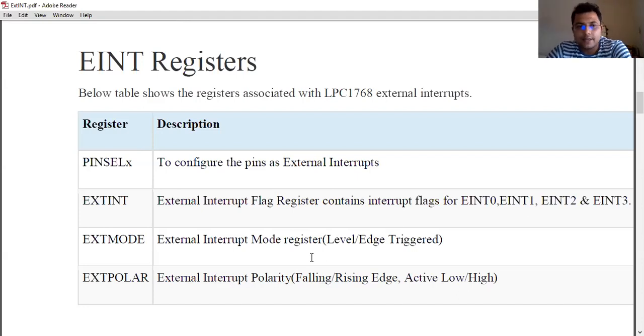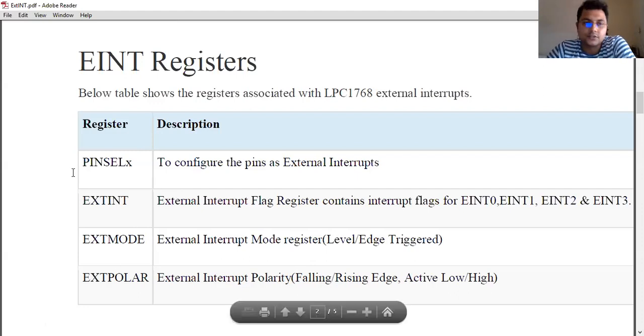You define that through the external mode register, and we also have to configure the external polarity register: whether, if it is level triggered, the positive level or the negative level would be considered as the triggering point, or likewise the falling edge or the rising edge.